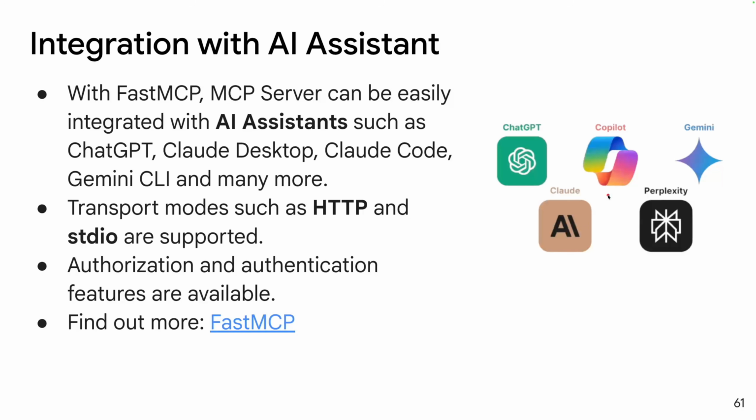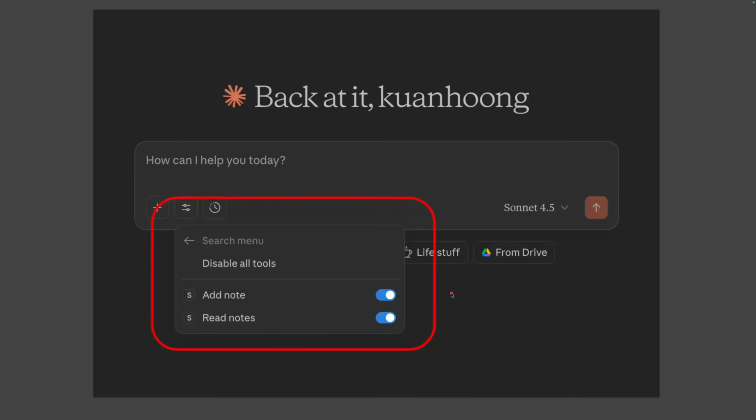Okay, and with FastMCP, an MCP server can now be easily integrated into an AI assistant like your ChatGPT, your Copilot, or Gemini, whatever. And then the transport mode can be HTTP or standard I/O. Okay. So for example, like I showed you just now, I have my own MCP server running on my local machine, and then my Claude Desktop just connects to my local MCP server.